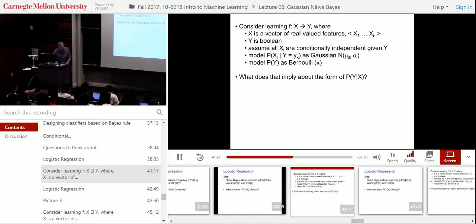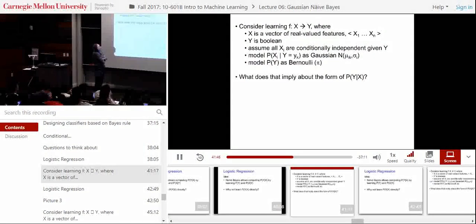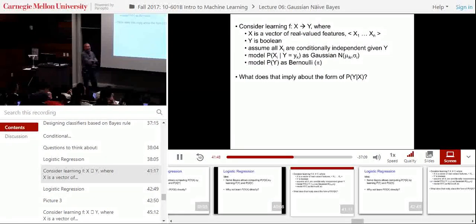So again, suppose we're interested in learning some function from x to y, or we could say equivalently, we're interested in P of y given x. Same thing. Now, we just talked about Gaussian naive Bayes, which is set up the following way.